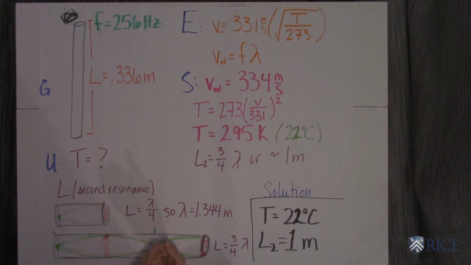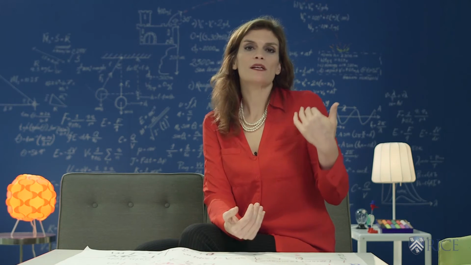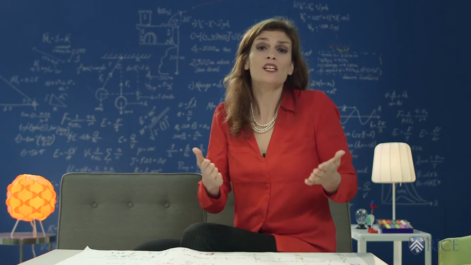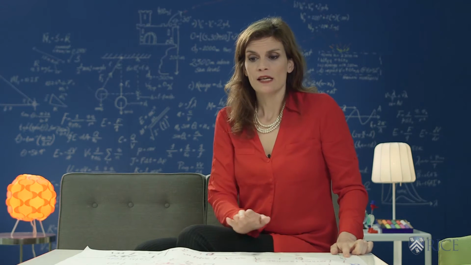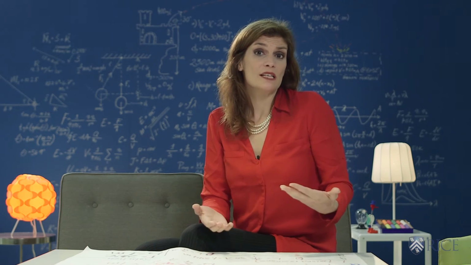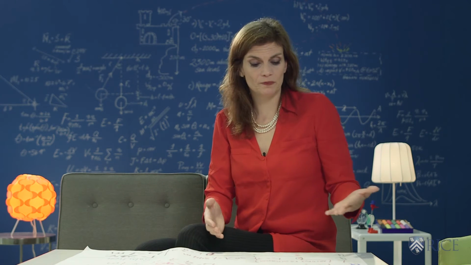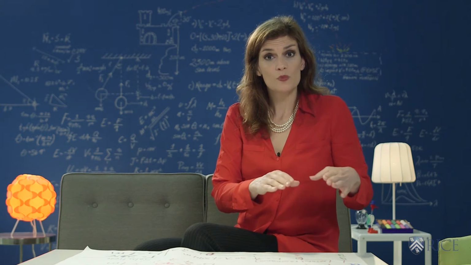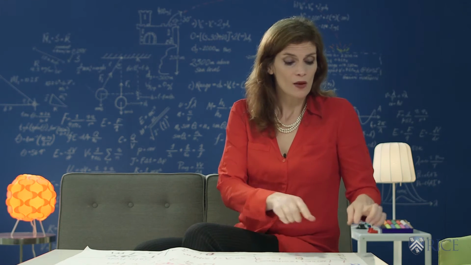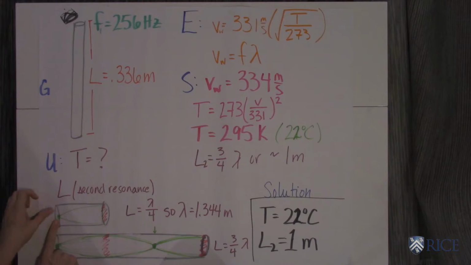So this is kind of a cool problem because it makes us think about what standing waves in air columns that are closed at one end look like. And that's important because you're going to need to know that to solve the problem. So think about if you've got a standing wave and one end is closed, this end has to be a node because a node is where you don't have a lot of motion.